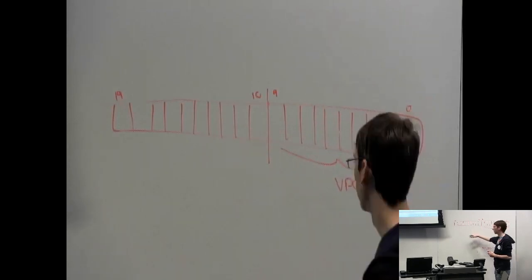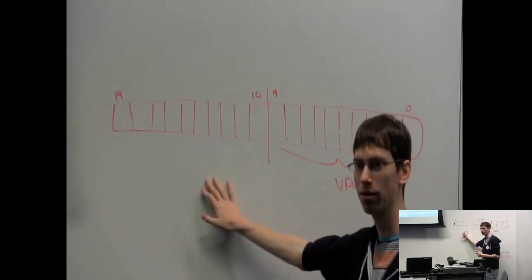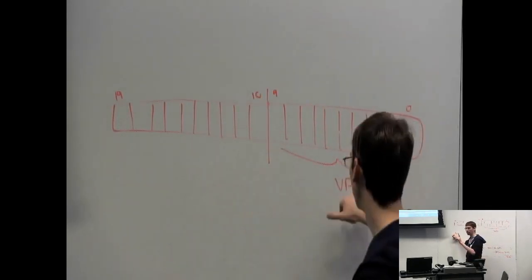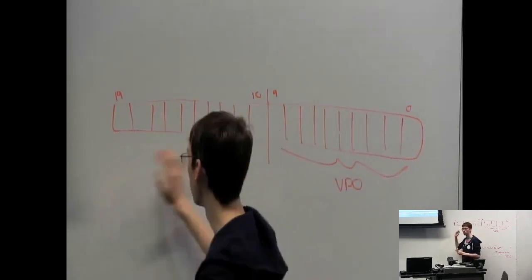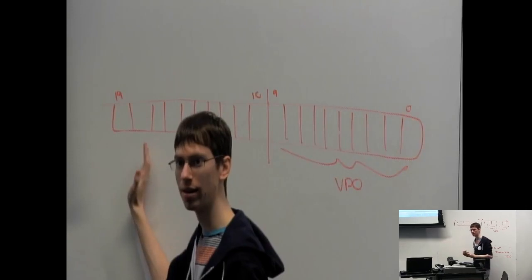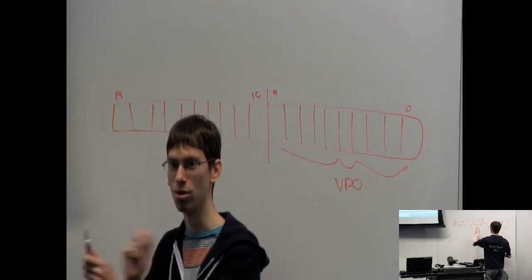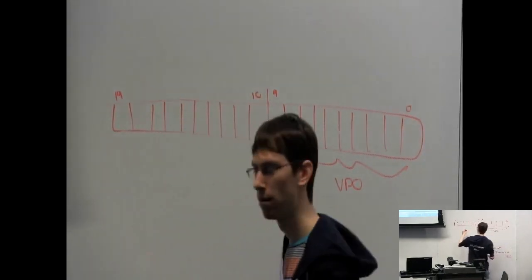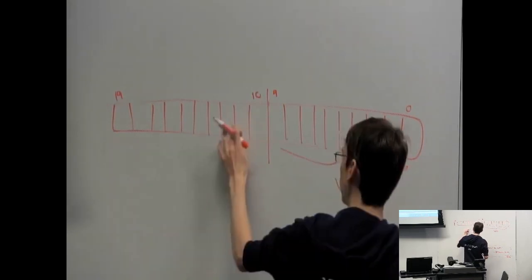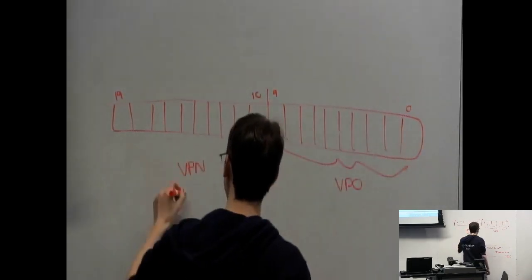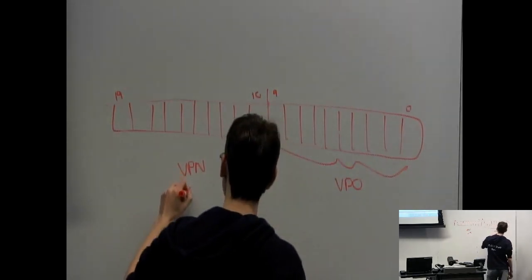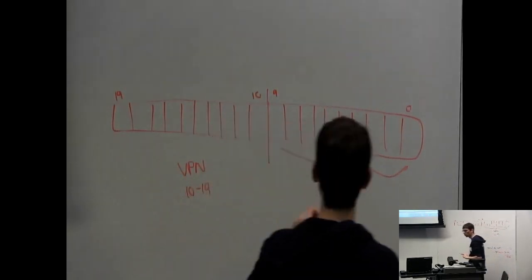All of the bits that aren't the page offset are used for the page number. And then remember that the page number was split again into the two TLB pieces, so there's going to be some overlap in these categories. The rest of it is the virtual page number. So the virtual page number is bits 10 through 19, and the virtual page offset was 0 through 9. We got that from 1,024.